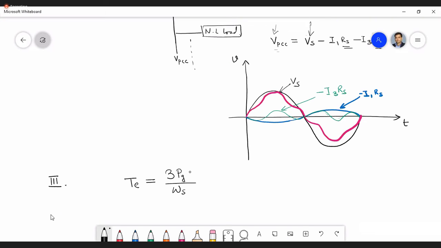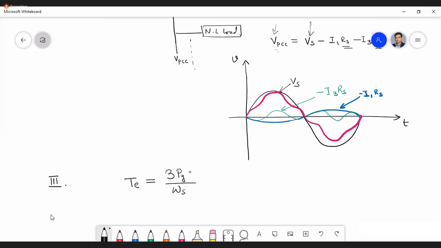PG is just the air gap power, the power which the rotor receives from the stator. This power just goes from the stator to the rotor through the air gap. Therefore, it is called the gap power or air gap power, nothing else. So that is the contribution of each phase.